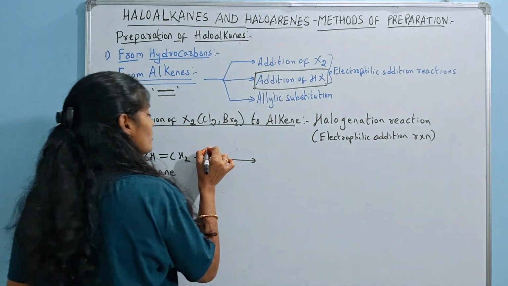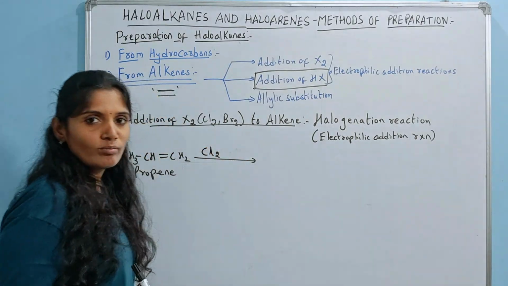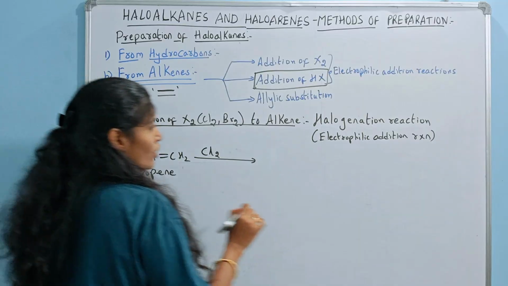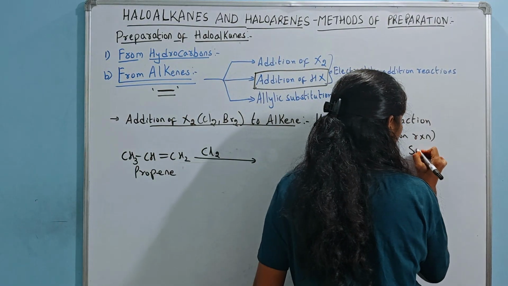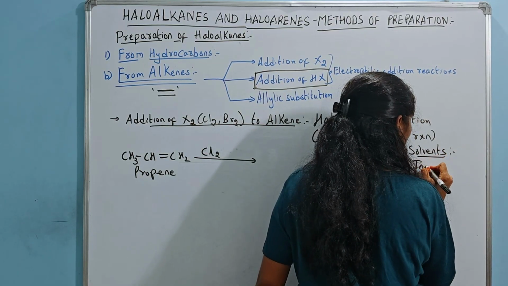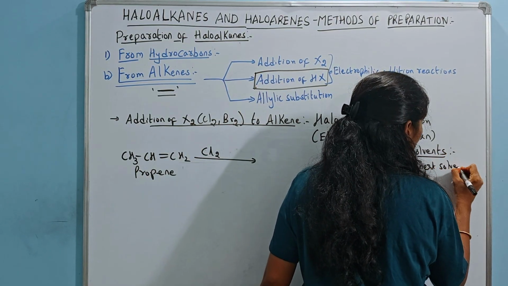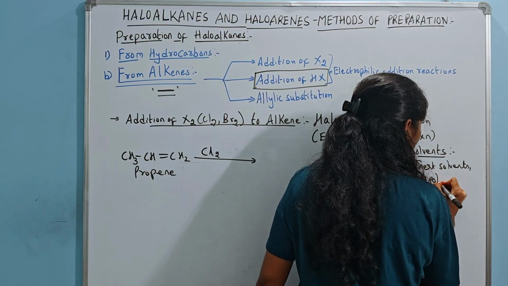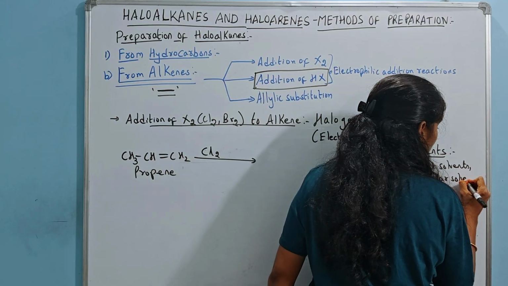I can add Cl2. Always remember, whenever you are doing halogenation, we usually prefer some solvents. What solvents do I prefer here? I prefer inert solvents, or I can also say less polar solvents.